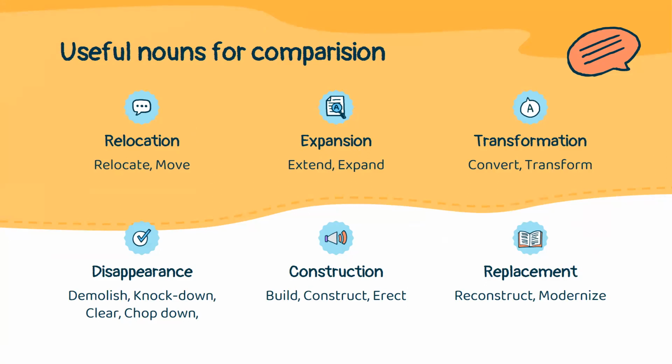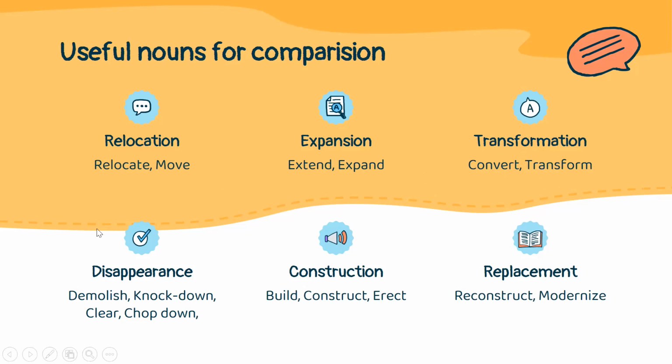You could also use upgraded, because usually when something is expanded, it also comes with some upgrades, some modernization, etc. Or maybe you could use transformation, which means that it is converted to another building for another use.